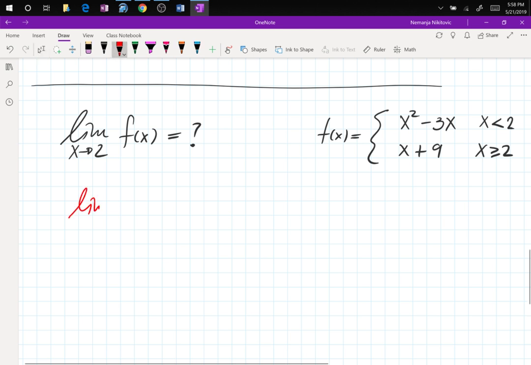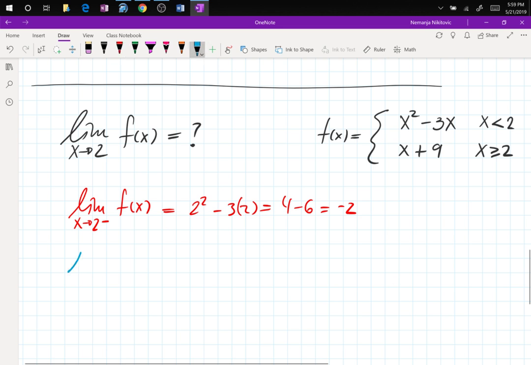The red approach, from the left, is the limit of f of x as x approaches 2 minus. Which part of the function do I get to look at, the upper one or the lower one? And why? The upper one. Why? We're coming from the left, and that's where the values are smaller than 2. Great. So we are looking to find 2 squared minus 3 times 2, which is 4 minus 6, which is negative 2.